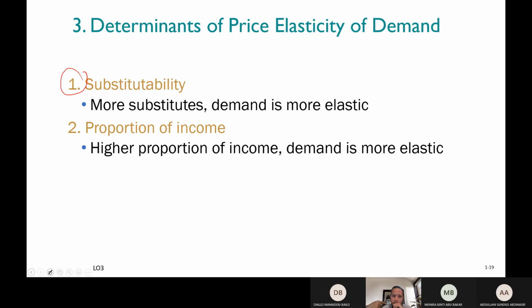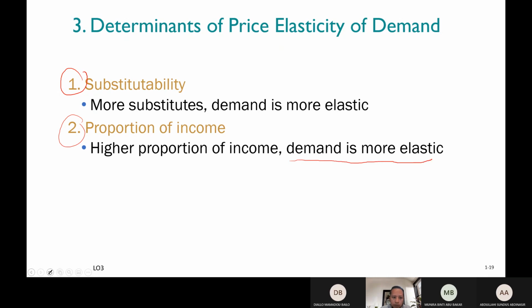For elasticity of demand, they can change easily in terms of the decision to buy from you or not. So that's factor number one. The second factor is how much people are spending, as a proportion of their income, on the good. Basically the higher the proportion of income, the more elastic the demand is.